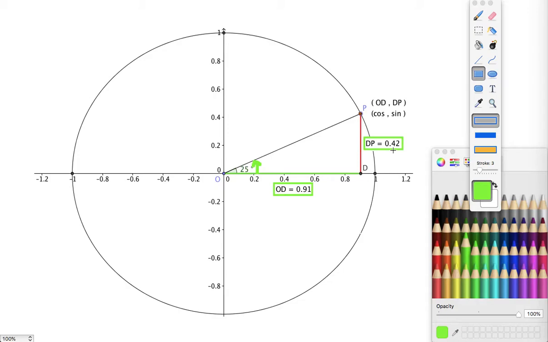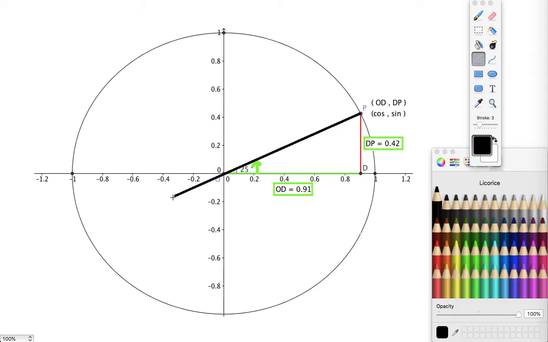Now, where else on this unit circle will it have that exact same tangent value? Well, we need to find a point where the x and the y's are related to these two x and y's. The way we can do that is if I were to draw a line from P through my origin, through the center, over to the other side.